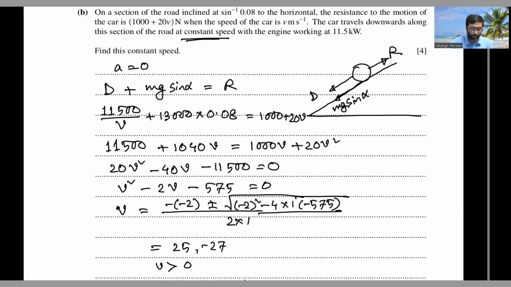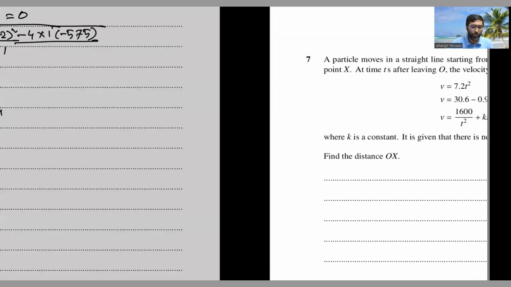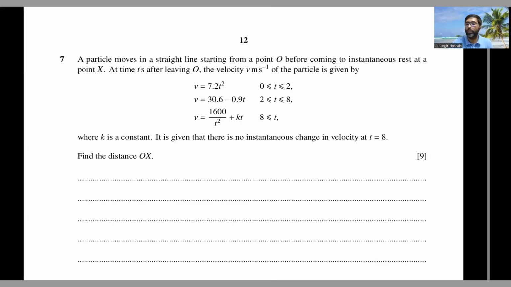Okay, that's part B. Is there any further part to this? No, let's move on to the next question. Next question is question number 7, where we have variable acceleration.